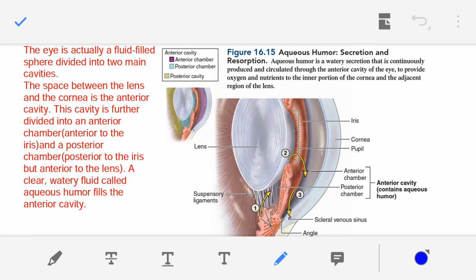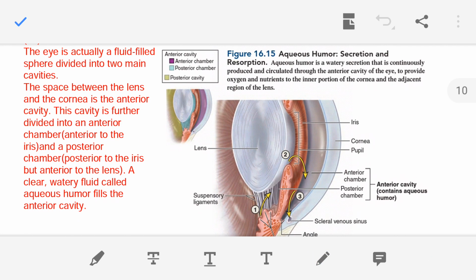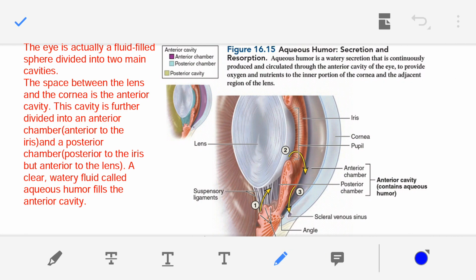Now, the posterior chamber is present posterior to the iris, this is the iris, but anterior to the lens.